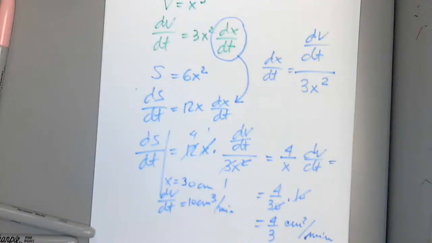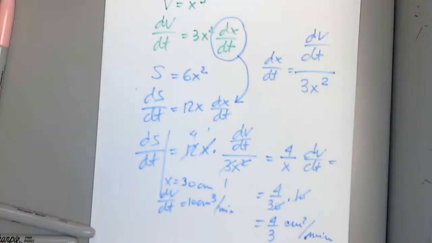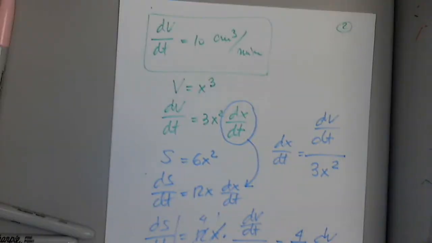So when you write the volume up there, then you differentiate. We differentiate the volume, which is x cubed, you get 3x squared dx over dt, and you can solve this equation for dx over dt, which is here. You just have to put this at the top and divide by 3x squared.